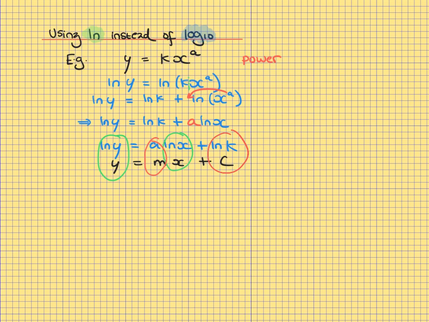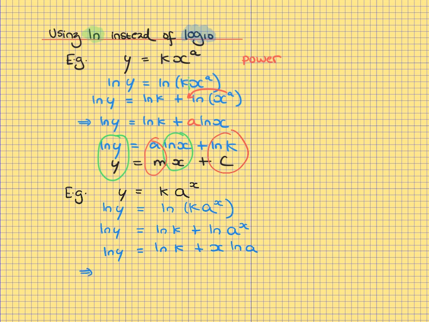Now, let's see what would happen if we had a relationship of the form y equals ka to the power of x. Again, ln y equals ln of ka to the power of x. ln y equals ln k plus ln a to the x. ln y equals ln k plus x ln a.